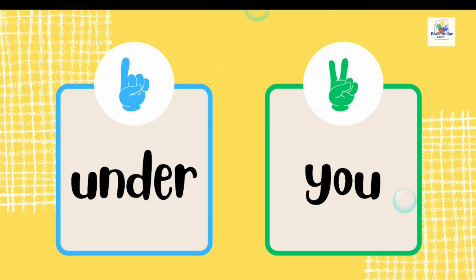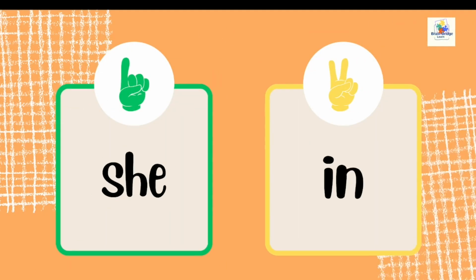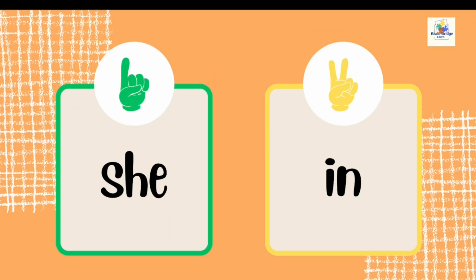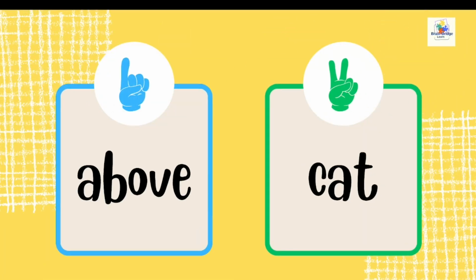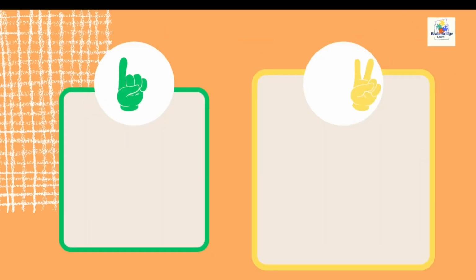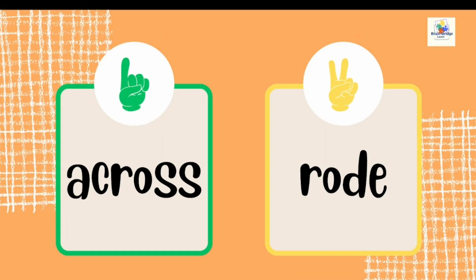Let's move on to the next one. She, in. She for the first, in for the second. 3 seconds. Next one. Above for 1, cat for 2. 3 seconds. Next one. Across for 1, road for 2.